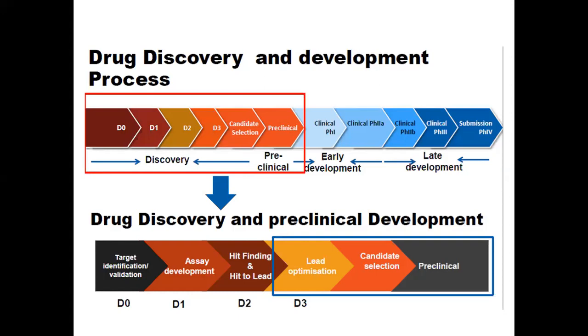Let's take an example of the journey of a drug used for type 2 diabetes, because type 2 diabetes is a pandemic, an epidemic now in India and all over the world, and India is going to be the diabetic capital very soon.